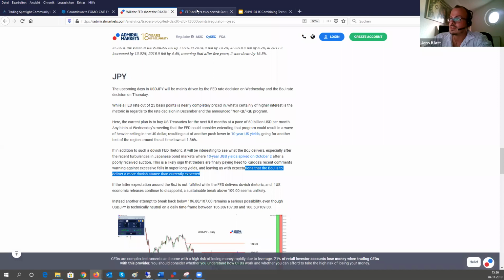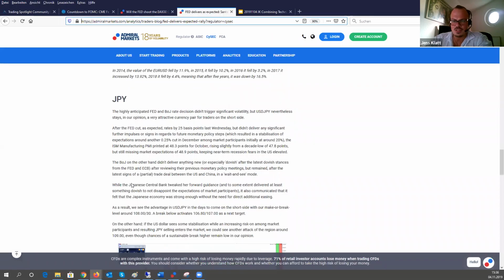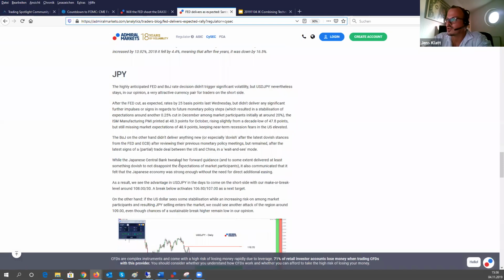And then next week, again, the Fed delivered nothing really new, but the BOJ did. The BOJ tweaked its forward guidance and to some extent delivered at least something dovish to not disappoint the expectations of market participants, but it also communicated that it felt the Japanese economy was strong enough without the need of direct additional easing.